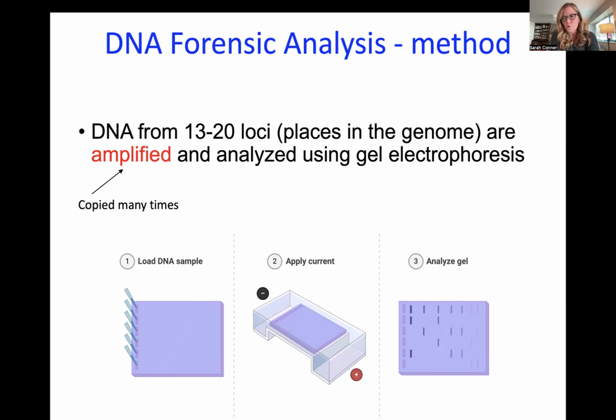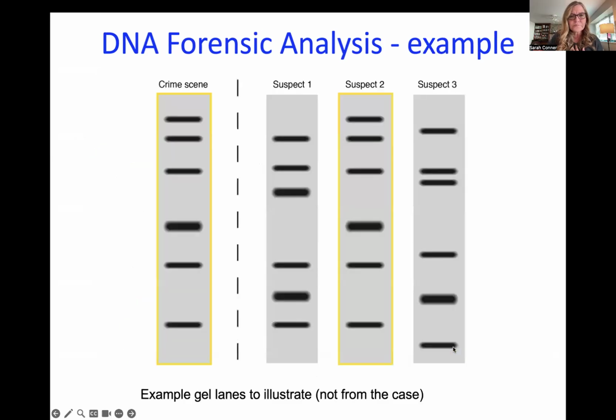We all know that the reason it works so well is because DNA has a negative charge, so it's attracted to the positive side. They load the DNA samples on the negative side of the current and run it to the positive side. The DNA runs through the gel according to size, polarity, and weight, and it leaves this lovely little print on the analysis gel. It would look something like this.